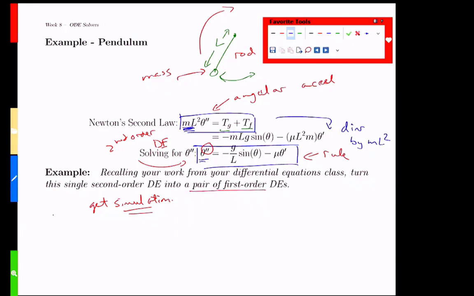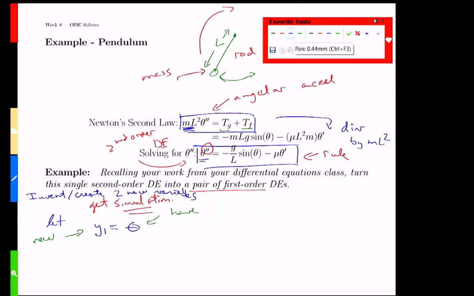A little reminder here. We're going to create two new variables. We're going to let y1 be equal to theta. So this is the one that we have in our system. This is our new one right now. Okay? And we're not going to stop there.